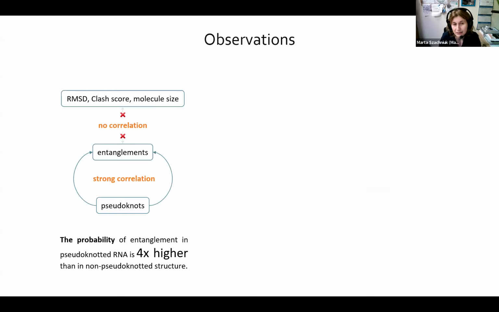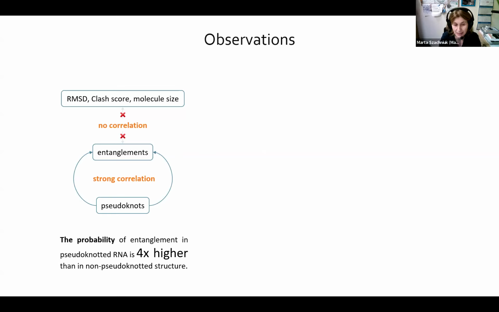I mentioned already that we try to find out whether there is any correlation between entanglements, topological knots, and other features of the structure that we can evaluate or observe. So we did not find any correlation between entanglements and knots and RMSD or clash score or molecule size, but we found a correlation between pseudoknots and entanglements.